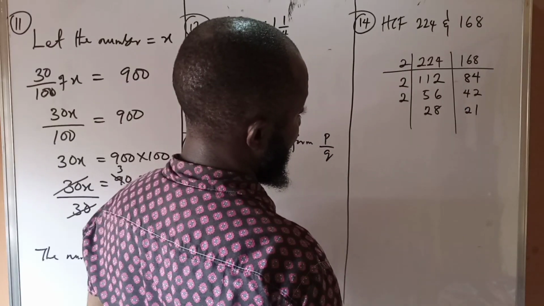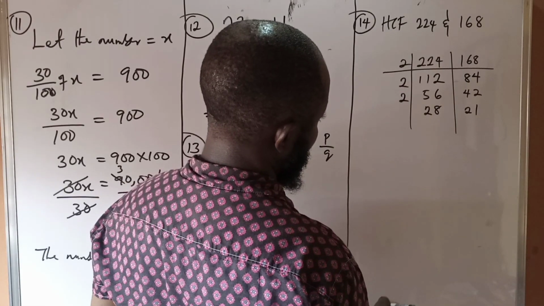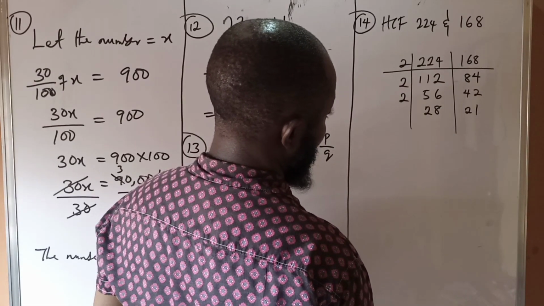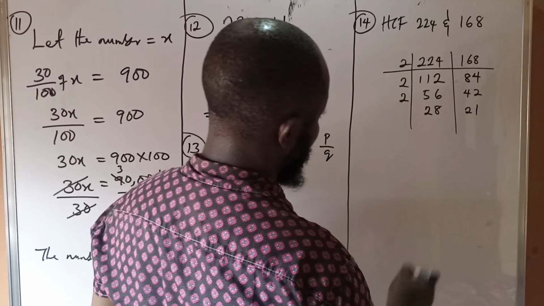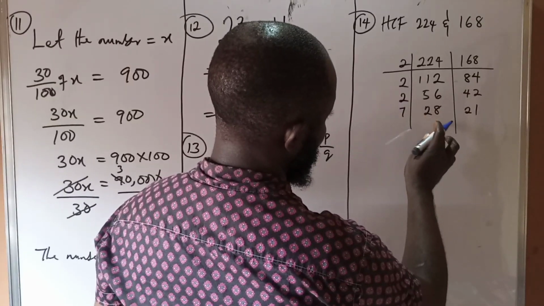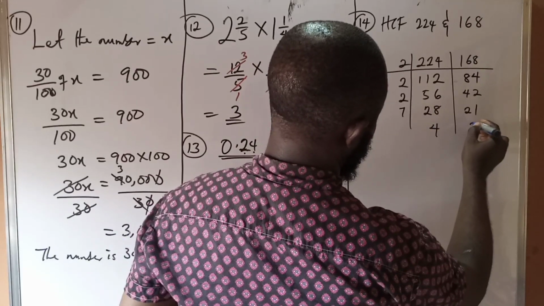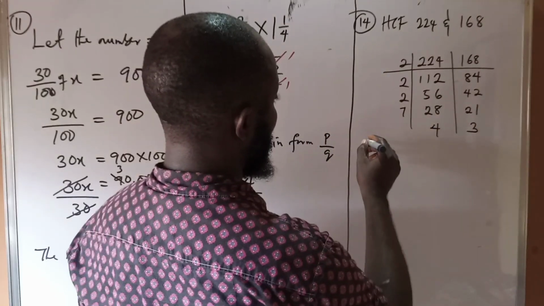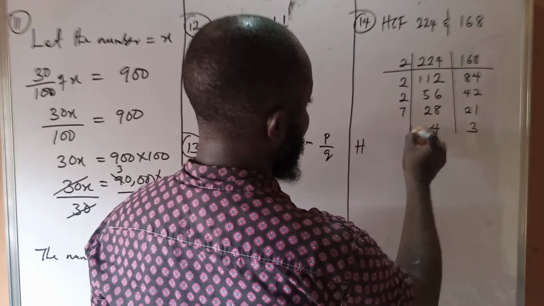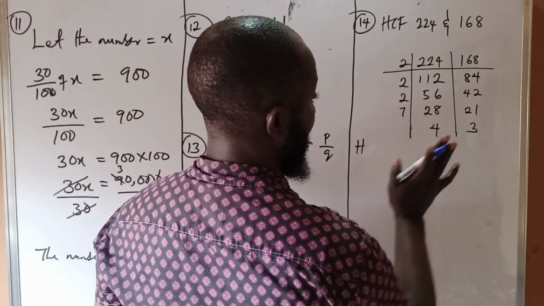Now, 2 cannot divide again, but can 3? No. So what can divide again? 7 can divide. 7 in 28 is 4, while 7 in 21 is 3. So from here we can conclude that there's no number that can divide again. So we stop here.